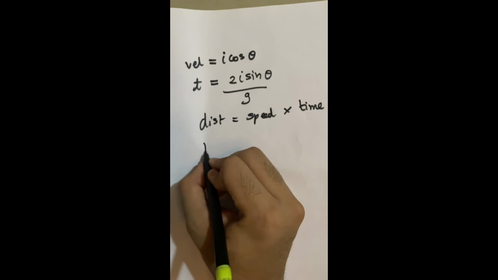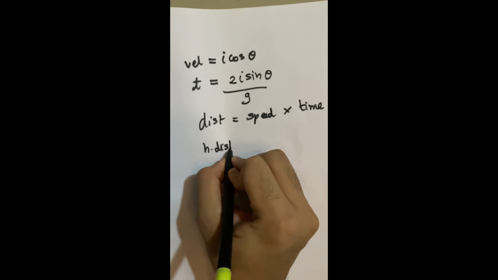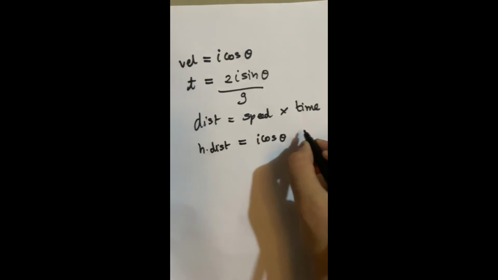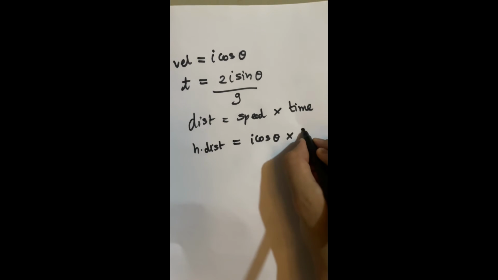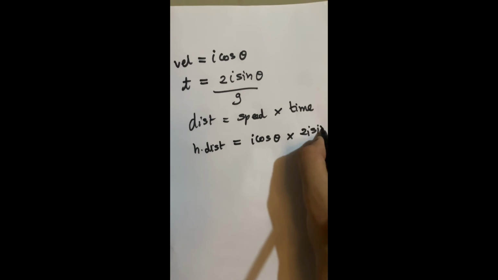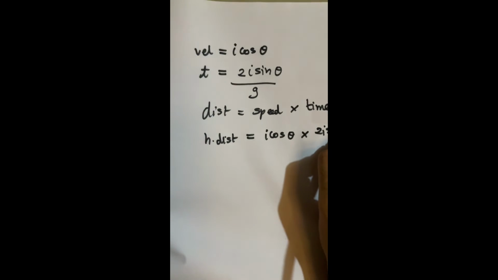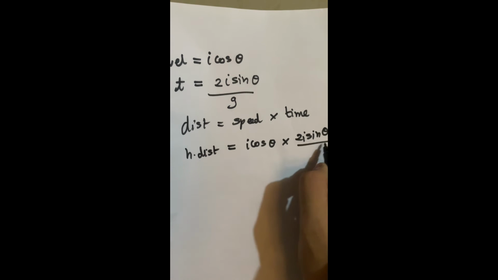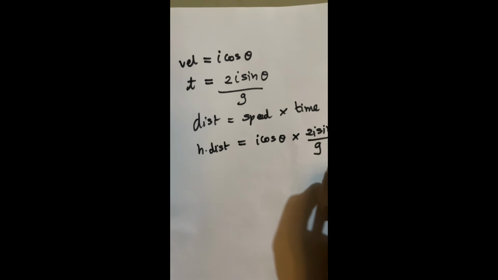Therefore, the horizontal distance the object will cover is equal to I cosine of theta times 2I sine theta upon g, right?